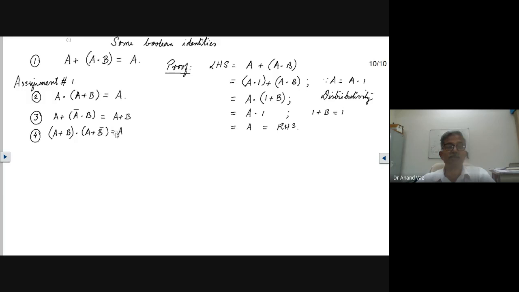This is also very simple, if you can see what is actually there. It's very simple.